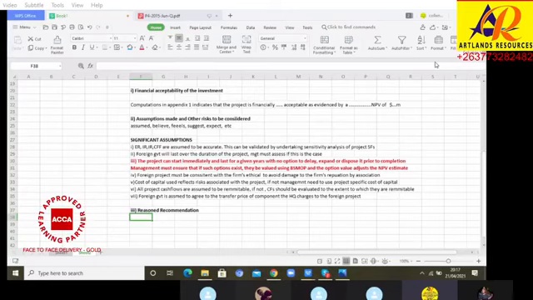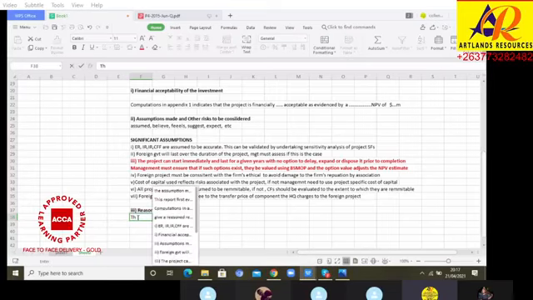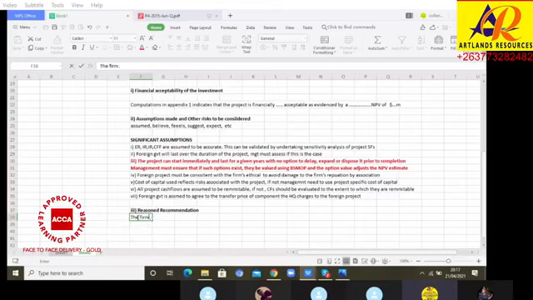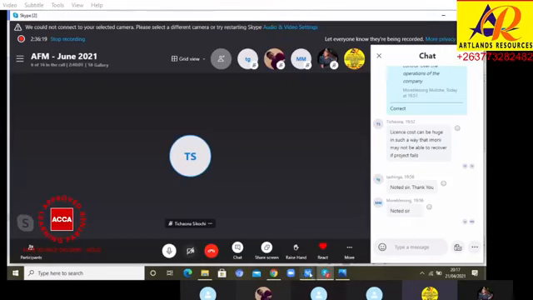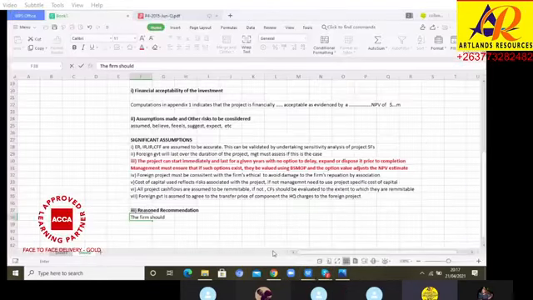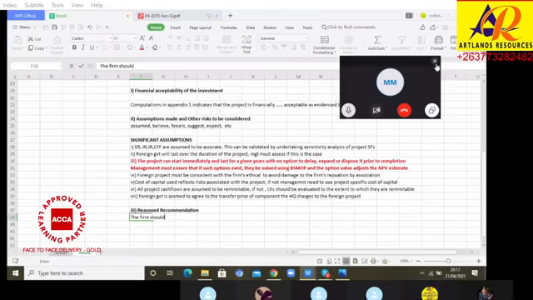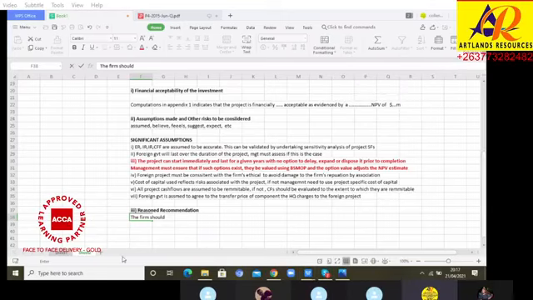The firm should, I will put a note if the need arises, then invest, because I haven't worked, so I'm leaving some dots to finish off later.